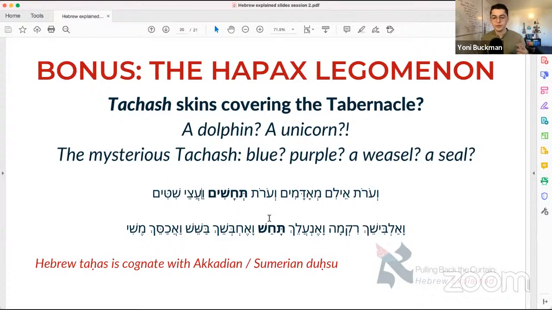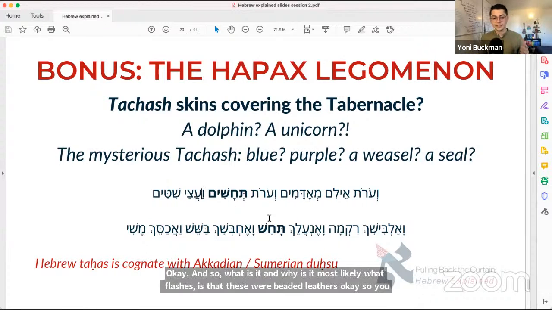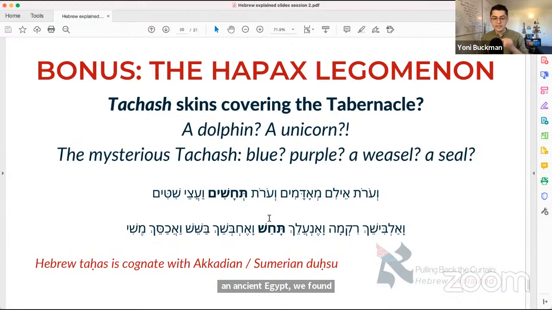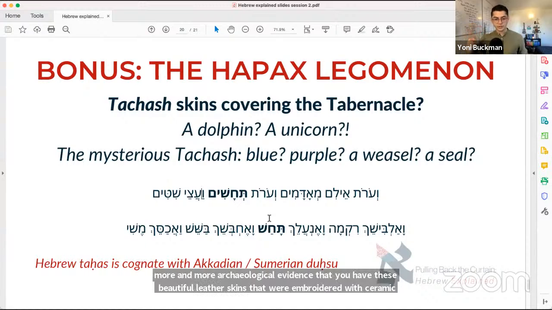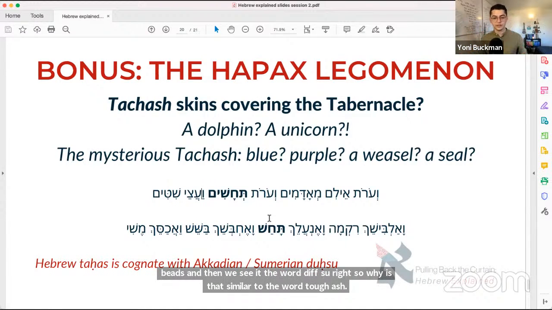And then we see the word dukhsu, right? So why is that similar to the word tachash? Okay, so the D and the T sound are articulated very, very similarly to each other. And we see in certain Semitic languages that some of these letters are interchangeable because the sounds are articulated so similarly.